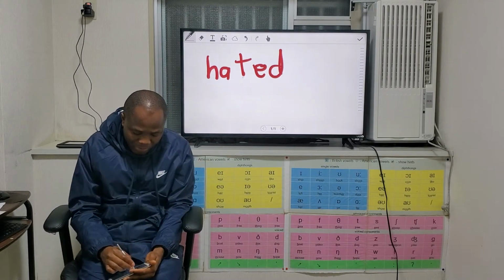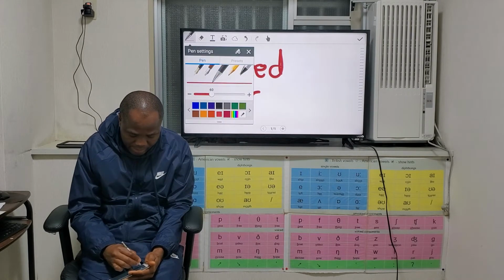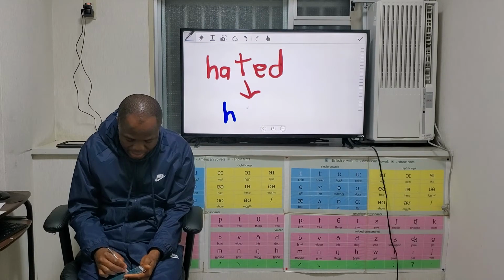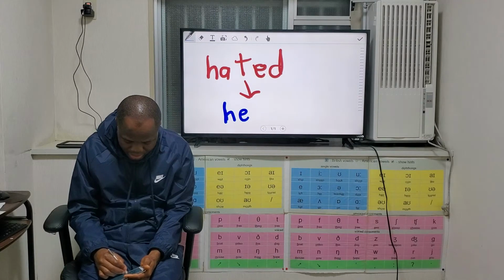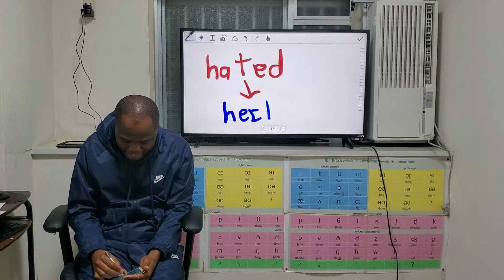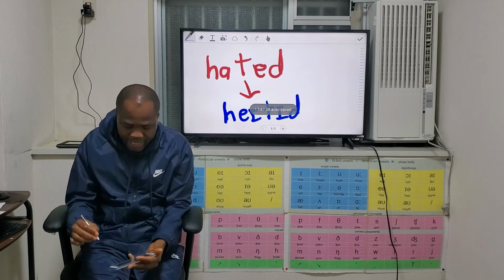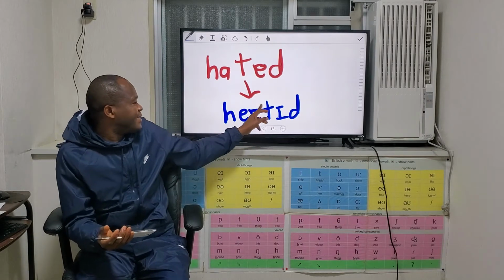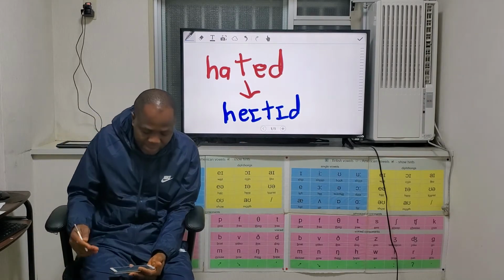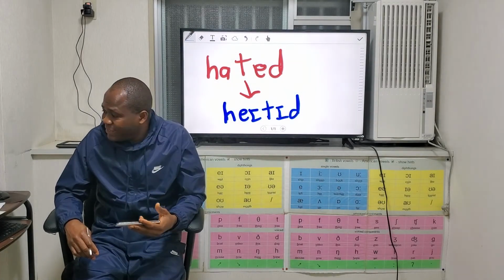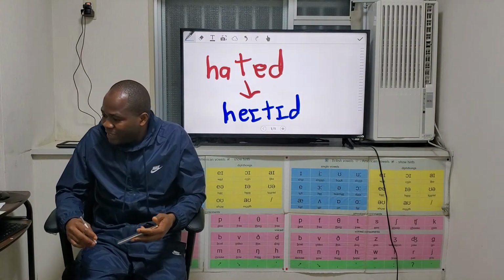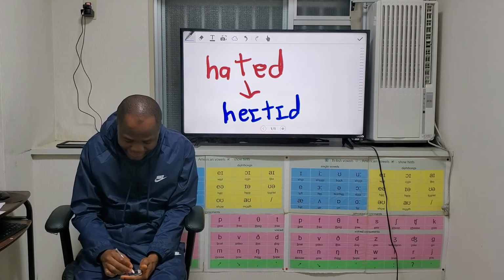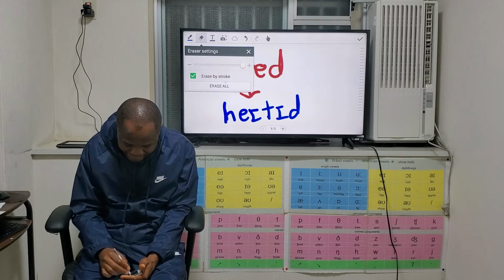So if we look at the pronunciation, it's going to be something like hay-tid, hated. So it is pronounced hated. Let's look at the last example. The last example is dated. Dated.